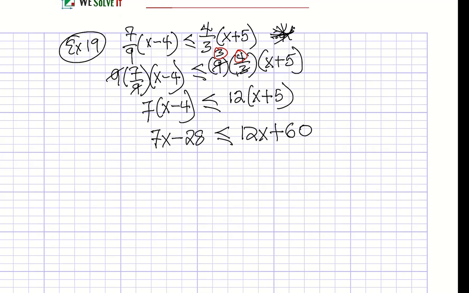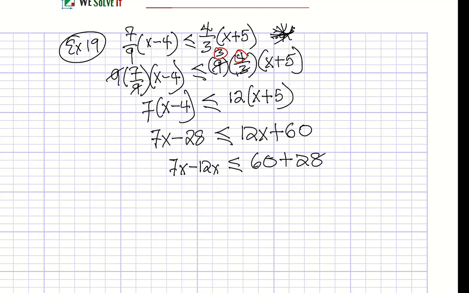Okay. All right. So we keep going. Now we'll put the like terms, variable to the left, constant to the right. What do we get? 7x minus 12x less than or equal to 60 plus 28. You see, right? So we simplify. What do we get?